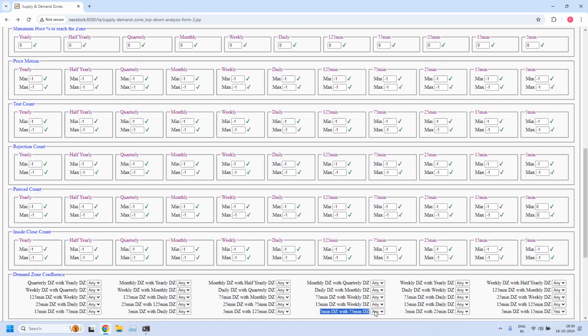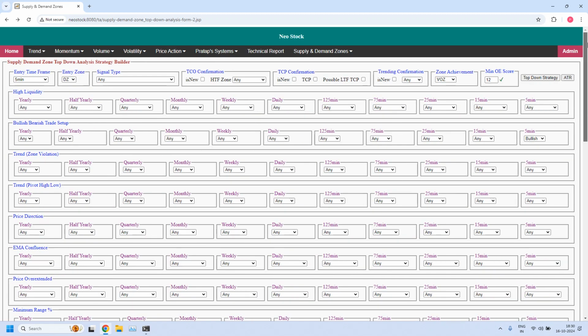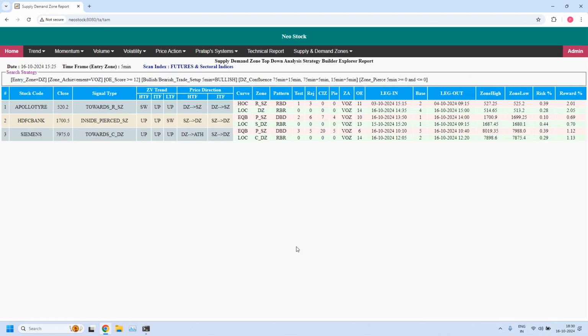That is 5 minutes demand zone with 75 minutes demand zone confluence, and also 15 minutes demand zone with 75 minutes demand zone. Already we set 5 minutes demand zone with 15 minutes demand zone confluence. With all the 3 filters, LTF, ITF, HTF confluence, we got 3 stocks. In all these 3 stocks, 5 minute zone is part of the 15 minute zone, both together part of the 75 minute zone.